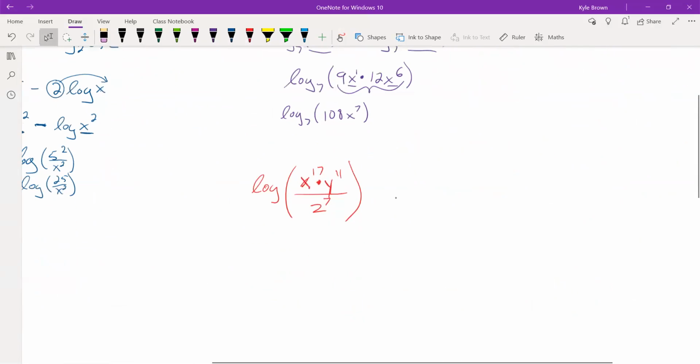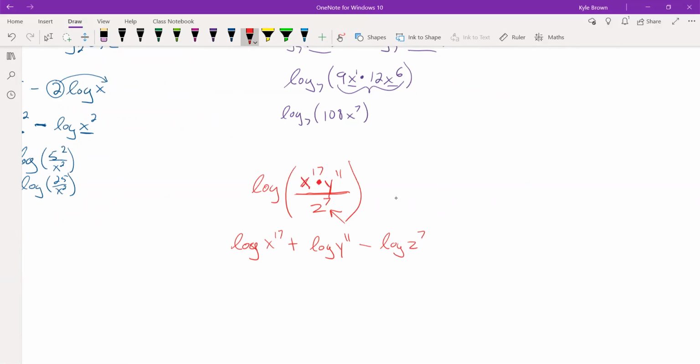So this would just be log of x to the power of 17, and then plus, because it's multiplying so it's going to be adding, plus log of y to the power of 11. And then it's as simple as this, where if you've got a division, anything on the bottom here, anything that we were dividing by, would have a subtraction. This is going to be minus log z to the 7.